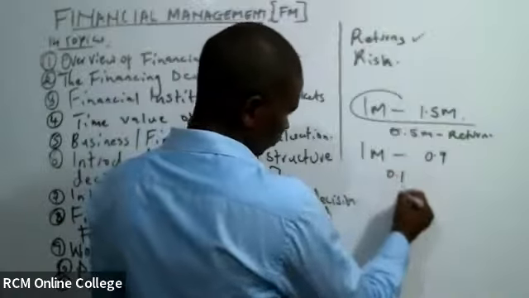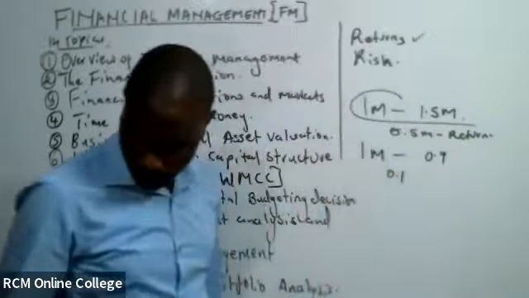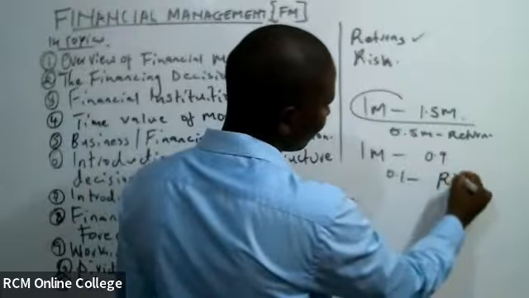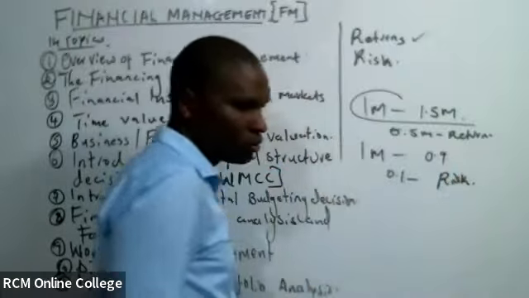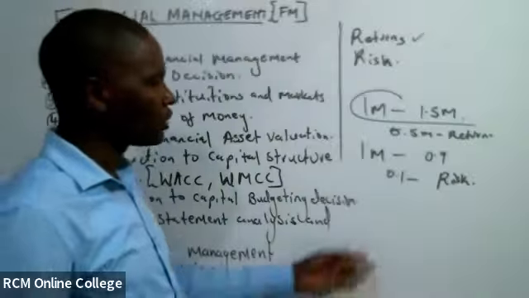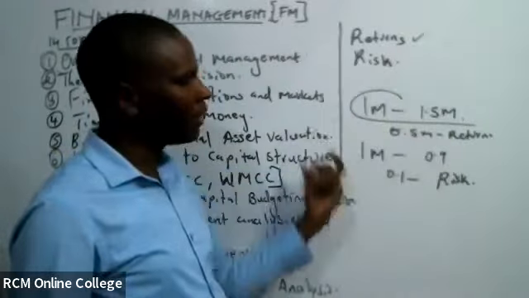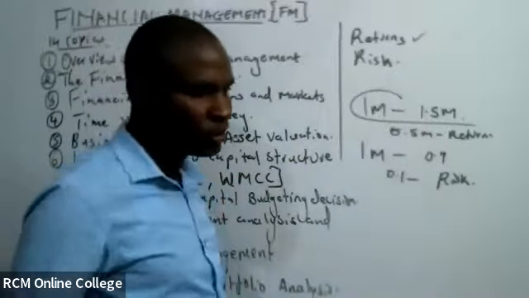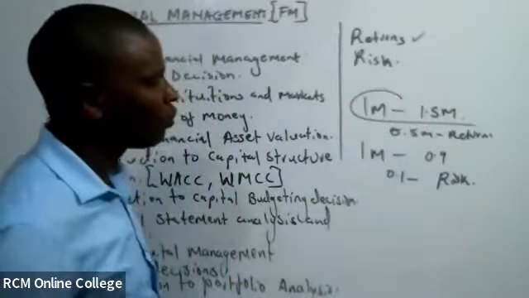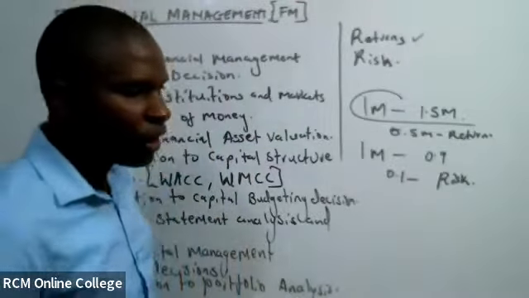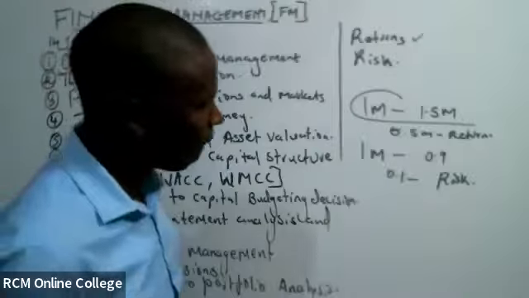So the result is a loss of 0.1, due to what? Due to the risk. That loss is gotten due to risk. So simply through this, you are able to define what is return and what is risk.